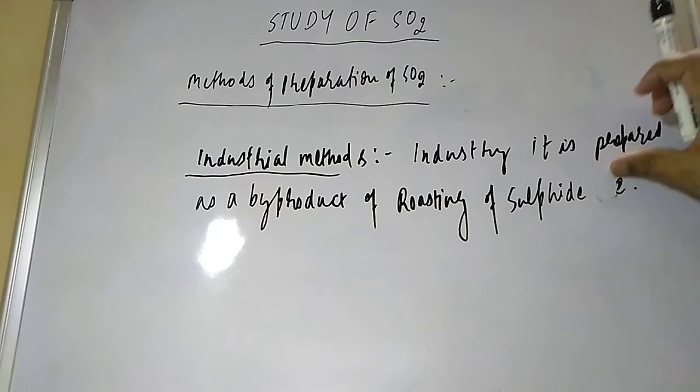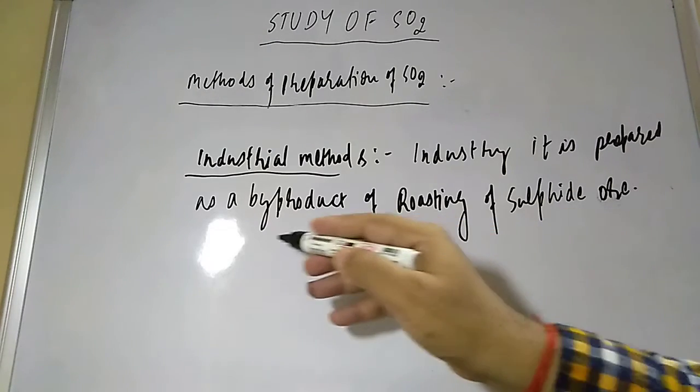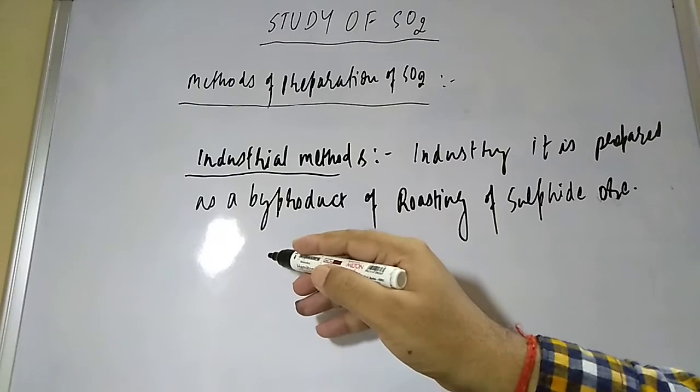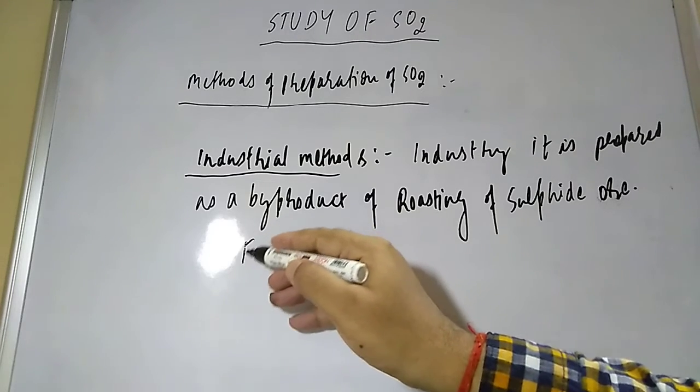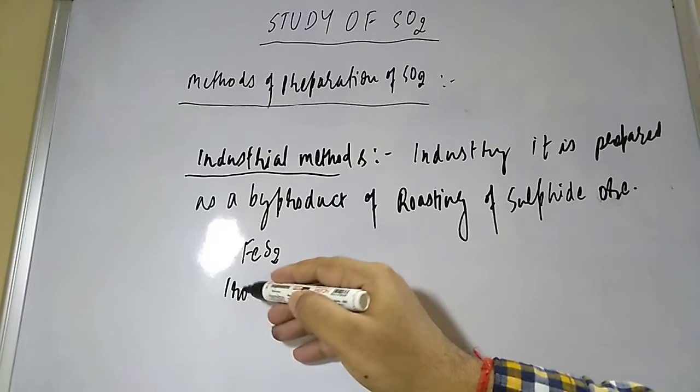This is our main point. In the industrial method, what we are doing is roasting sulfide ore. Suppose you take iron pyrite, FeS2. This is iron pyrite.